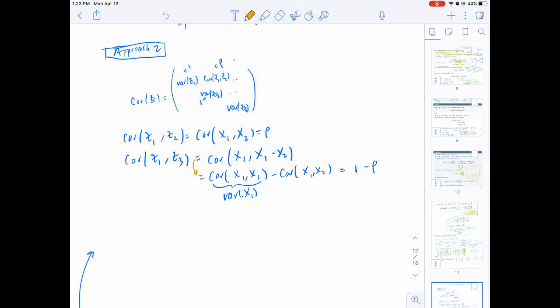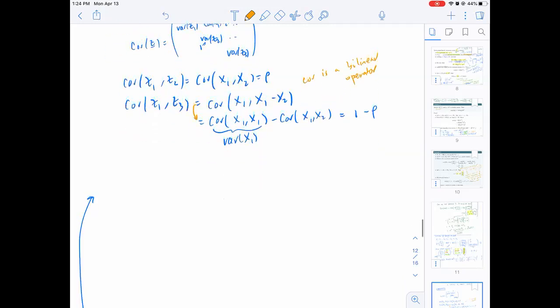Covariance is a bilinear operator. What does it mean? It's linear in each of its arguments. If I have the covariance of alpha u plus beta v, and z, this would be alpha times the covariance of u and z plus beta times the covariance of v and z. I can expand in the second argument as well.